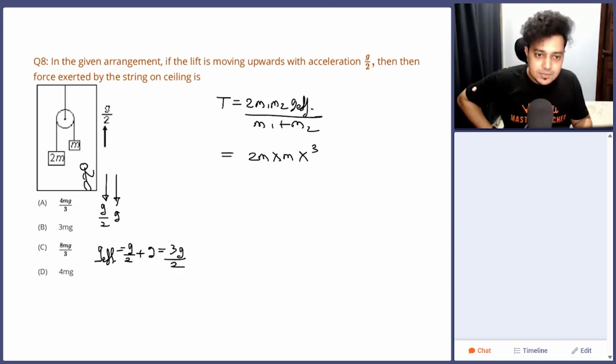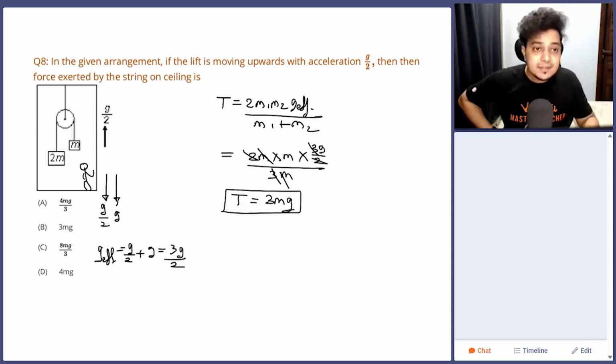Effective g value is 3g/2. Total mass is 3m. m gone, 2 and 2 gone. Okay. And this also gone. So tension will be equal to 3mg. This is the tension value. But in which thread? This is the tension in the thread connected to the blocks. We are interested in a different thread. Let me highlight that thread. That thread is this.